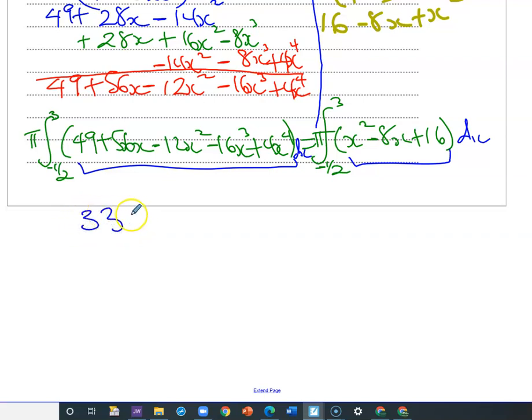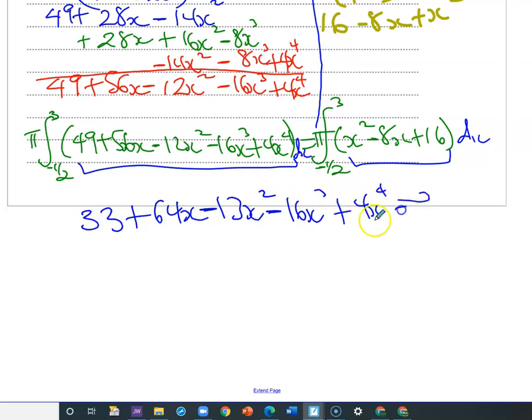You should arrive at 33 add 64x minus 13x squared minus 16x cubed add 4x to the power 4 equal to 0. So we're going to now be integrating this, not forgetting our pi. Let's take off the 0 because in the end we wouldn't be needing that.